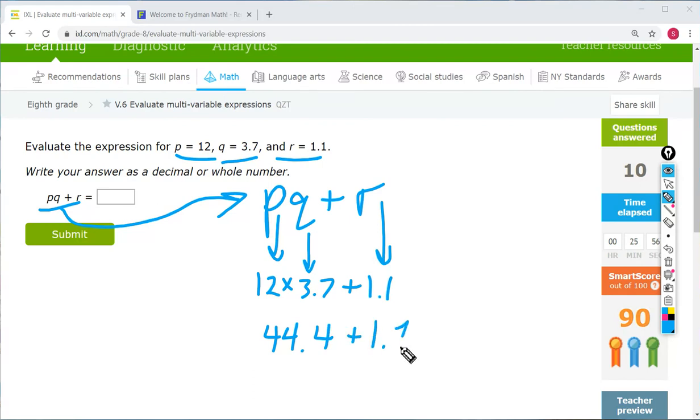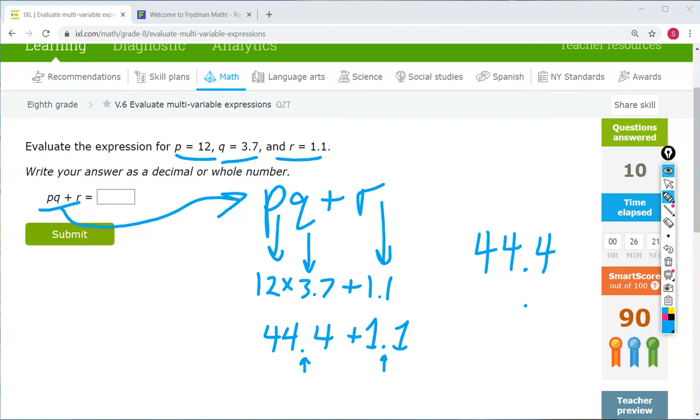Plus 1.1. This I'm not going to use a calculator for. I think it's more instructional to do it on the side here, because actually this should be easy, but still a lot of students will make a careless mistake and forget to line up the decimals. Remember, you have to line up these decimals over here.